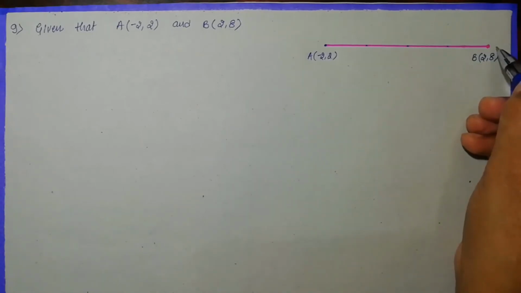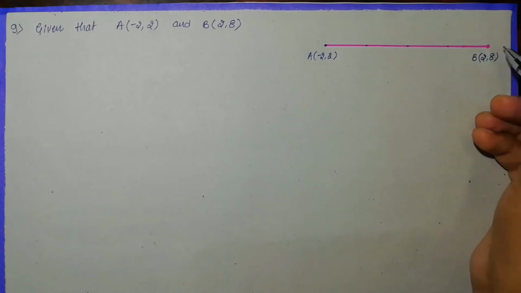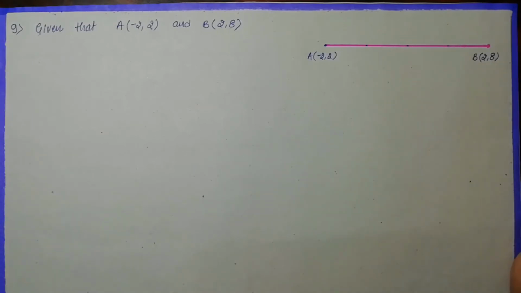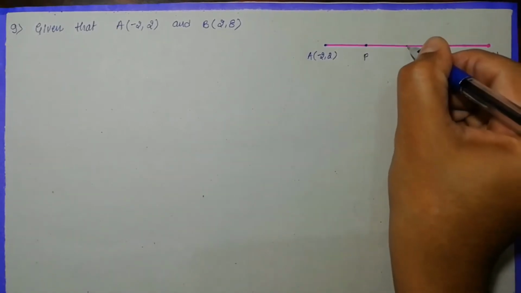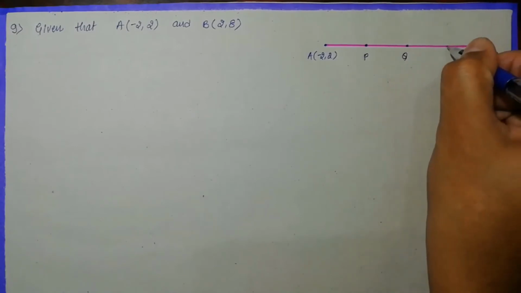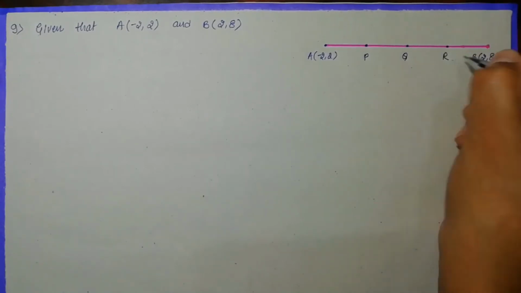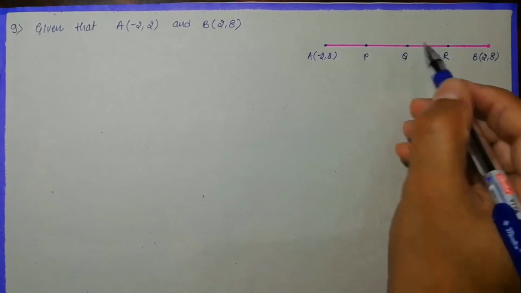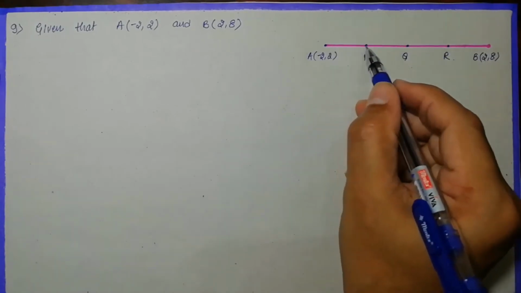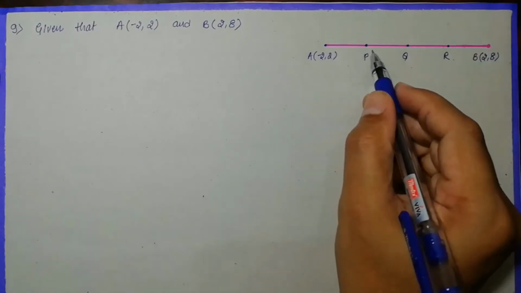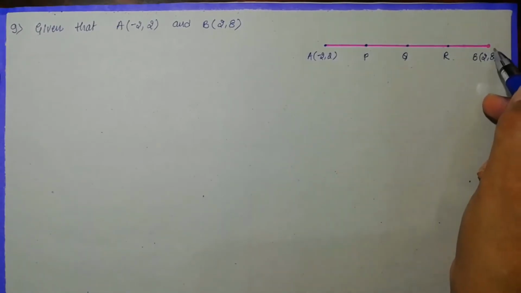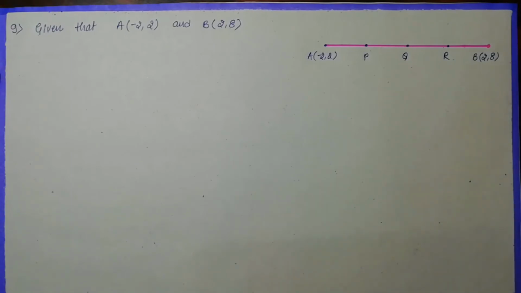I have to cut this one into 4 equal parts, which means I have to cut it at 3 different points. I'm going to consider this one as P, this one as Q, and this one as R. If you cut at these points, then you will get 4 parts, first, second, third and fourth, all equal. PA, PQ, QR and RB, all the parts are equal in length, but I don't know what the length is, but they are definitely equal parts.